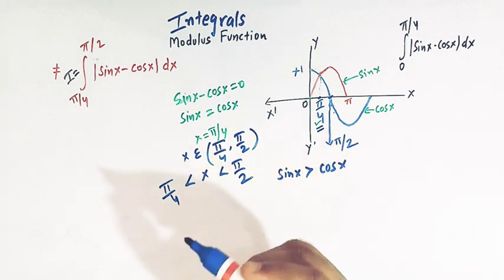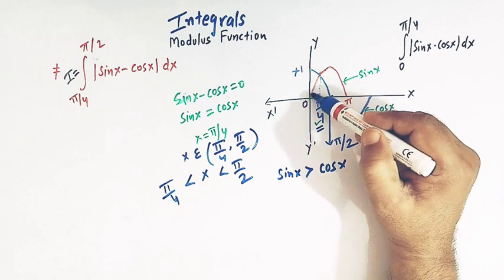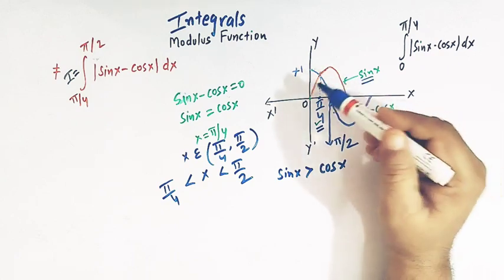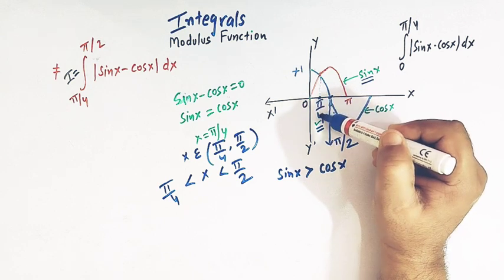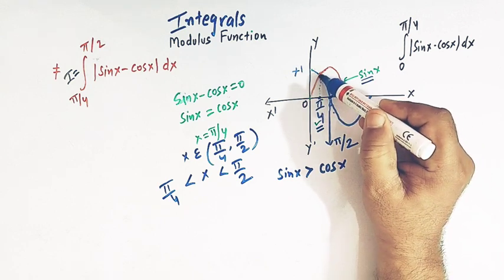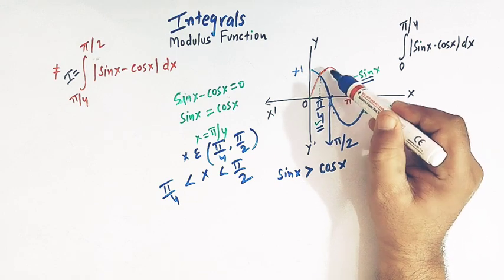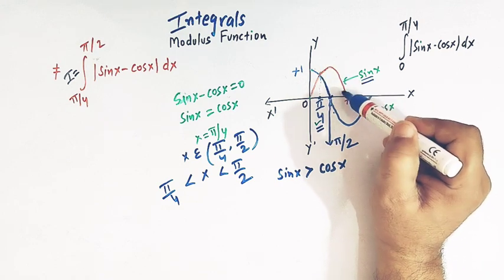The red curve is sine x, the blue curve is cosine x, and when we go from pi by 4 to pi by 2, the blue curve lies below the red curve.